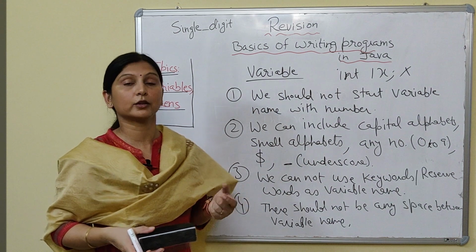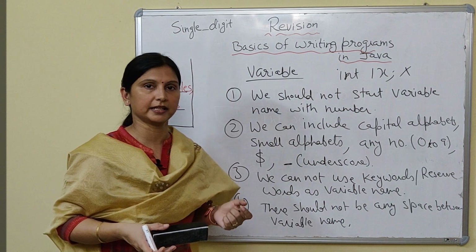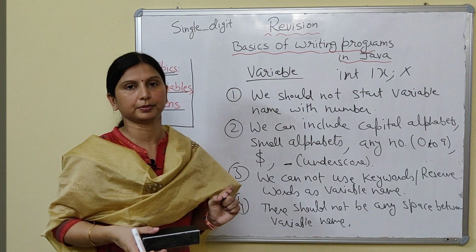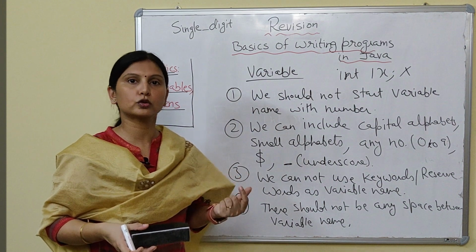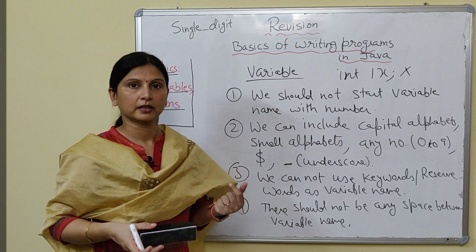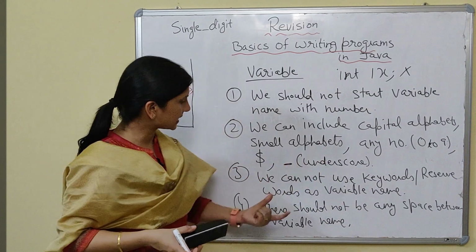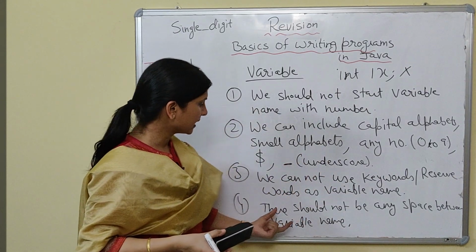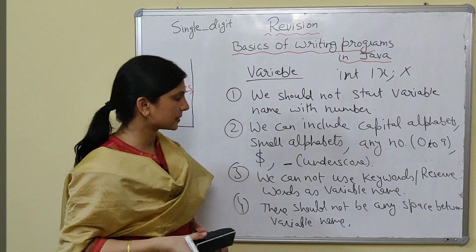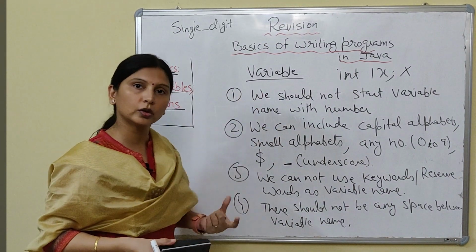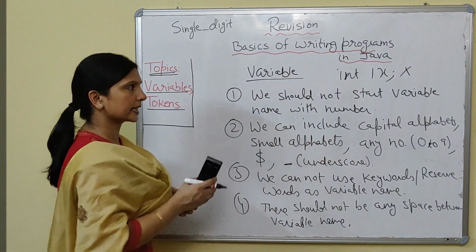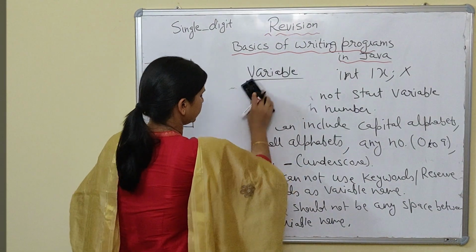So these words cannot be used as variable name because they have their own purpose. You cannot use those words for your own. So we cannot use keywords and reserve words as variable name, and there should not be any space between variable name. So these are the few variable name rules. I hope these are clear.